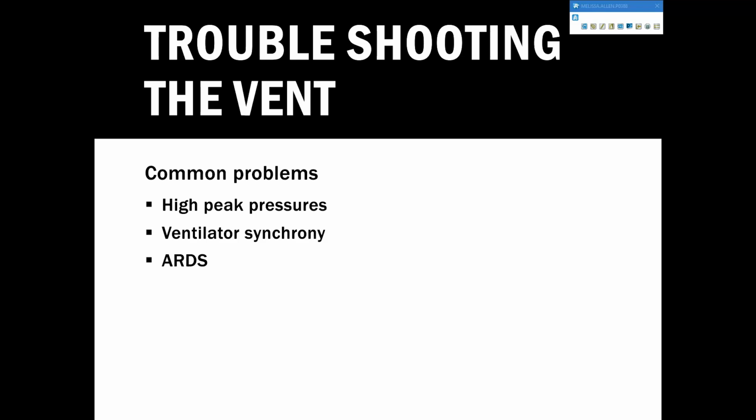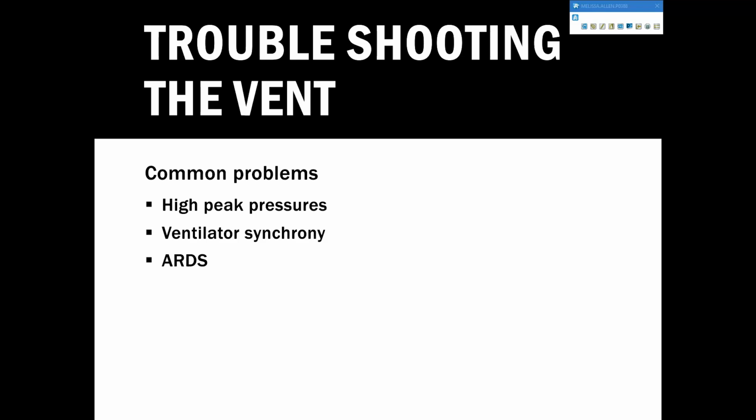So if your peak pressure is high and your plateau pressure is high, you have a compliance issue. You need more PEEP. If you're already on PEEP, you already know what you know. The patient's lung compliance is poor and they probably have ARDS or pulmonary edema, something, CHF.